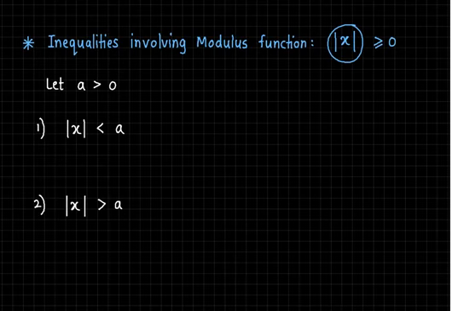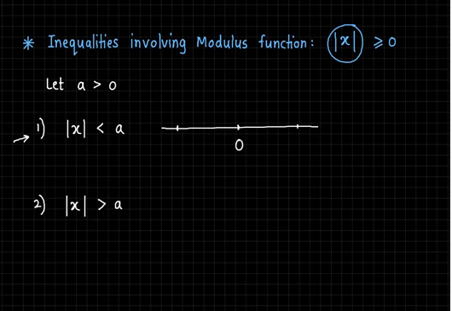So if you have some number a which is a positive number, and we have the inequality mod of x less than a, then what are the allowed values of x, or what values of x satisfy this inequality? If you think a little bit, if modulus of x is less than a, then that means the distance of x from 0 has to be less than a.